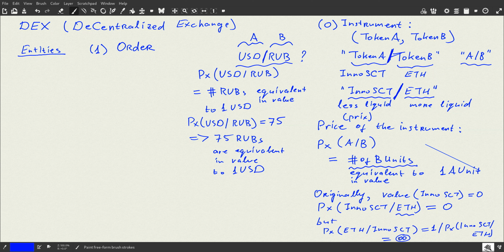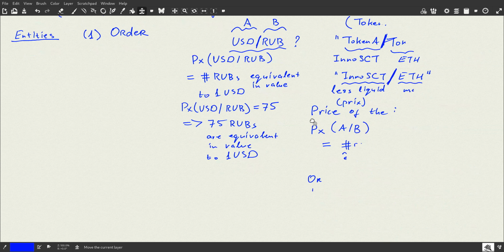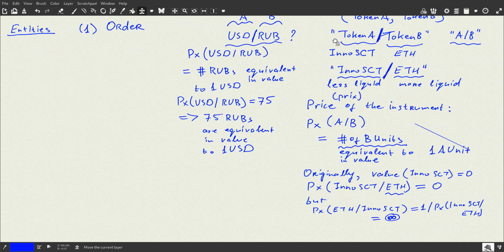We don't want infinite values, and for that reason it is convenient precisely to have a liquid, or at least, by liquid I mean having some intrinsic value, currency or token, as the B token. That's why.